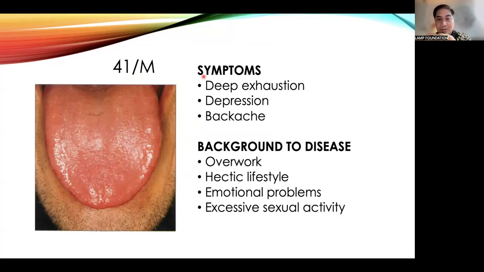No, no. Think of blood deficiency as nourishment. Usually the tongue is slightly dry, or thin or pale. But this one, kaya nga ang sagot dito is slight lang.